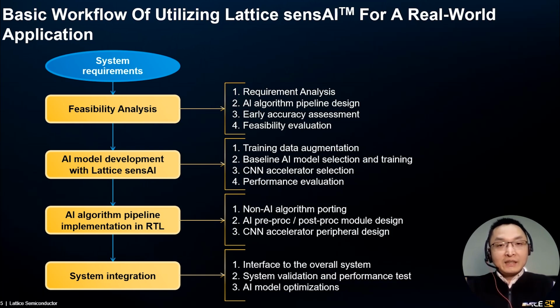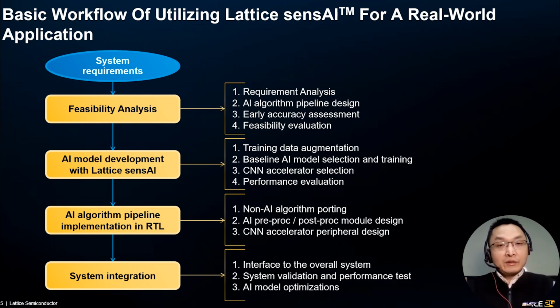Therefore, in this feasibility analysis, we need to do some early assessment for the AI model accuracy and answer one key question: can we meet the accuracy requirements with existing AI techniques which are supported by Lattice Sense AI?